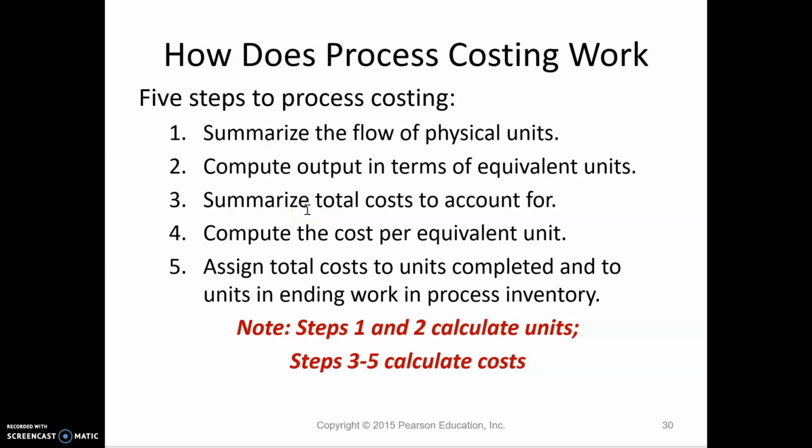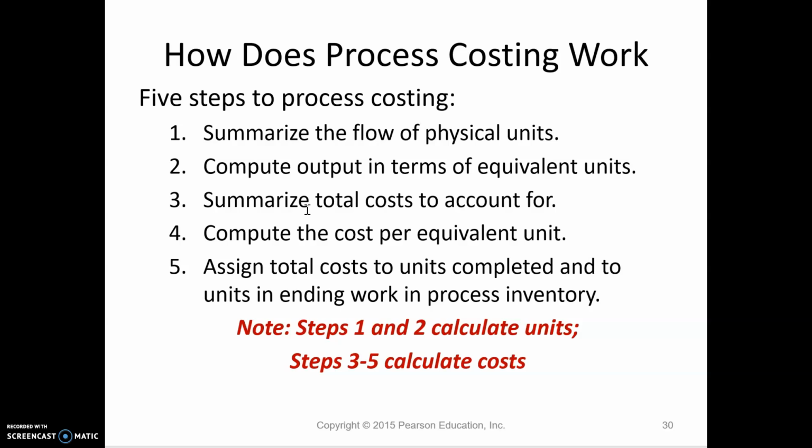So step 3, we got to figure out what's the total amount of costs that we're dealing with in this department. So we're going to have some costs that are in our beginning work in process inventory. So those costs are still with us in this department. Plus, we're going to incur new costs, because then this period, the first thing we did was we finished our beginning work in process, and then we started new ones. So we got to get together the beginning work in process costs plus all of the costs that we incurred during the period.